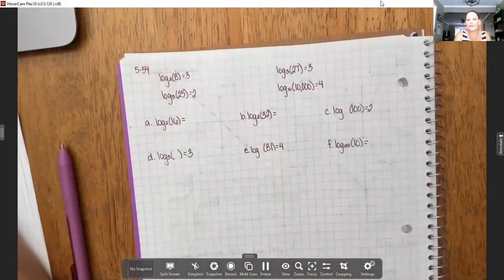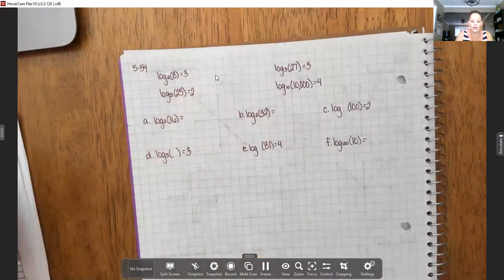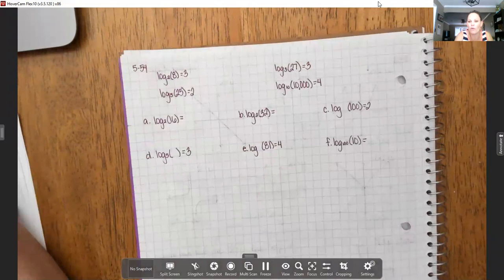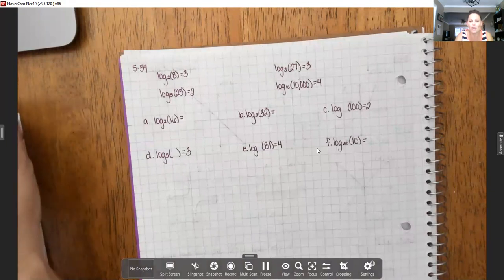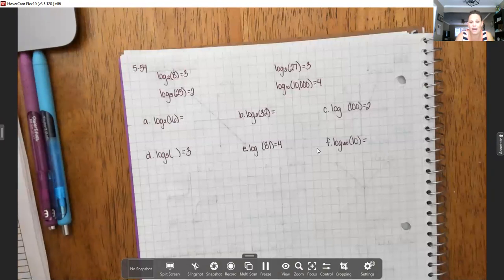Just real quick in the chat, how many of you think you know what's going on? Do you see the pattern? Yes, no, or I think so, but I'm not sure. Where are we at? You can type it privately or to the whole class, it doesn't matter. Some people will see it and some won't, just like any type of puzzle.